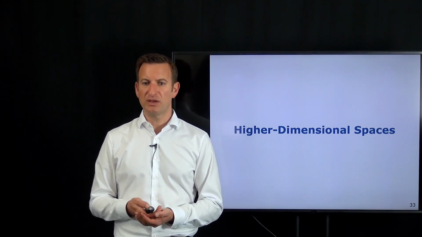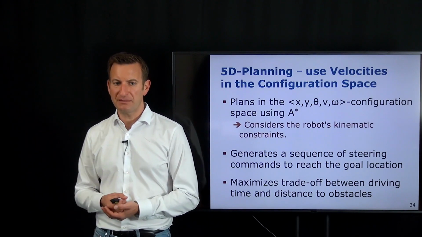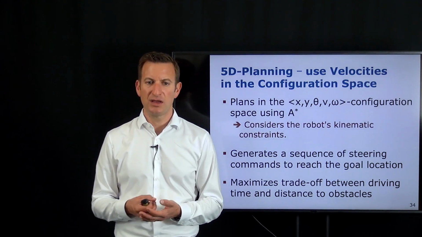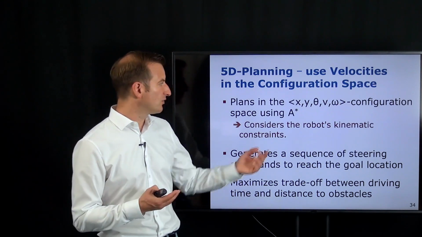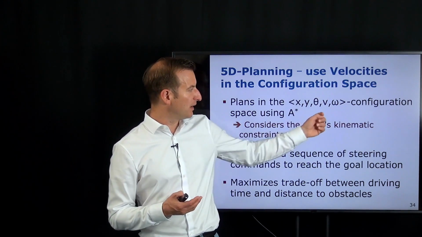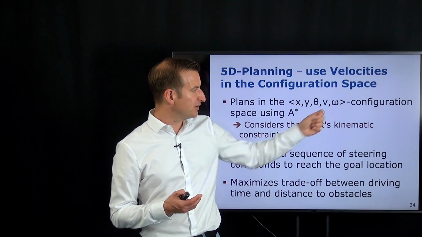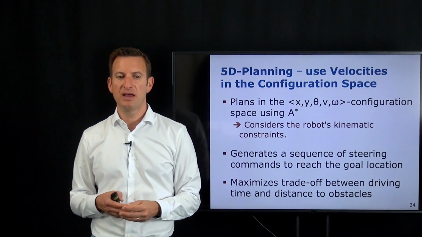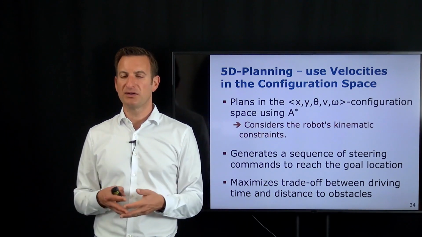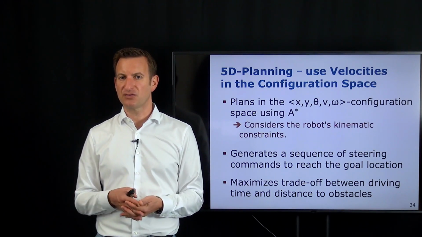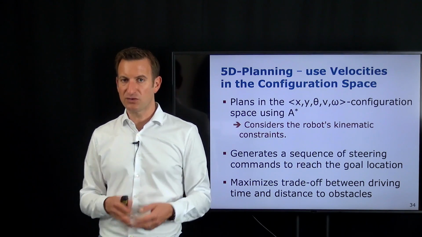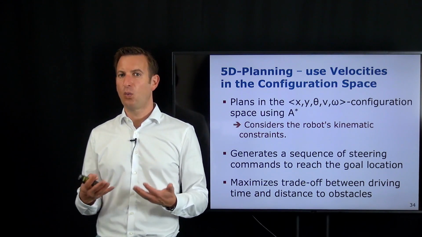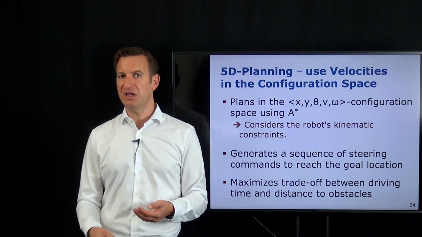So what we can do is go into a 5-dimensional space, taking into account, besides the X and Y location, also my yaw angle, so my angle theta, as well as the translation velocity and the rotational velocity. And now plan with the robot also taking into account kinematic constraints, for example, that we can't accelerate from 0 to maximum velocity within one time step, or that we need to decelerate.